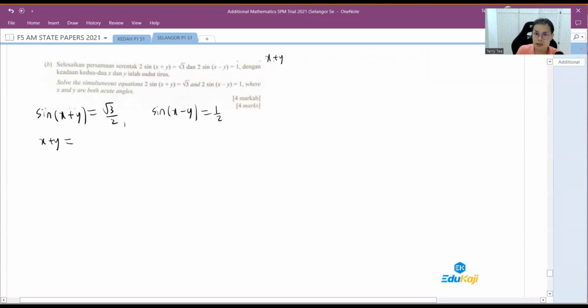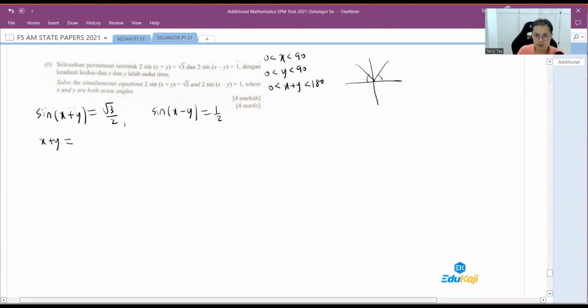If x is between 0 to 90, y is between 0 to 90, so x plus y can be between 0 to 180. So that's why in this case, we have to consider quadrant 1 and quadrant 2, two answers.